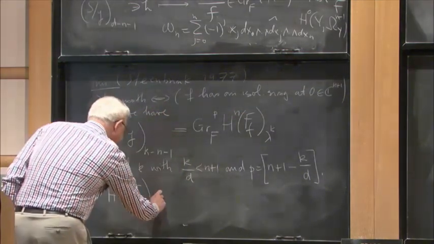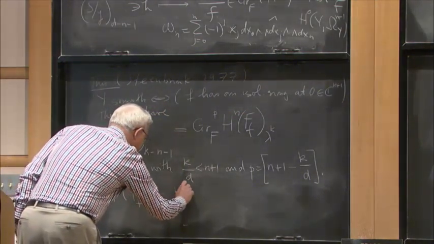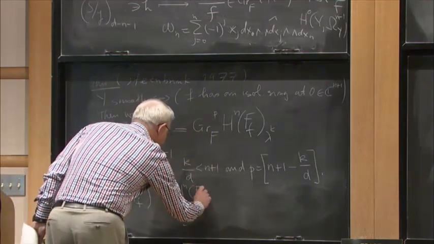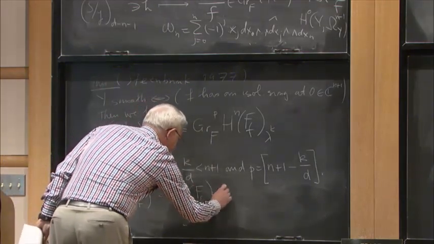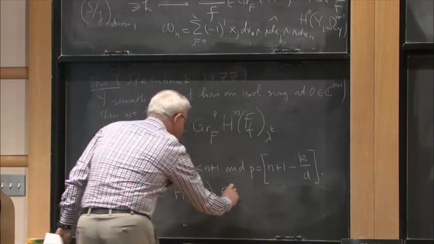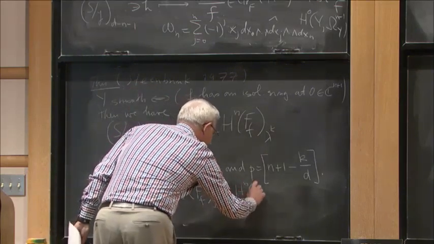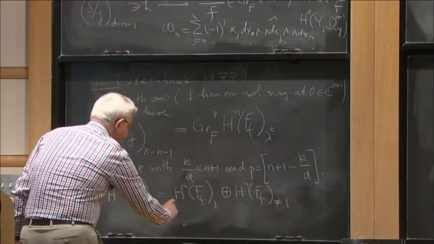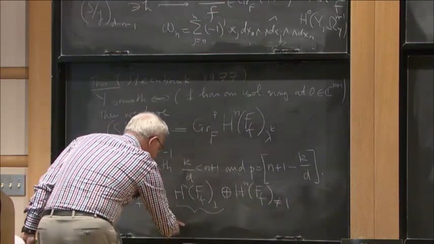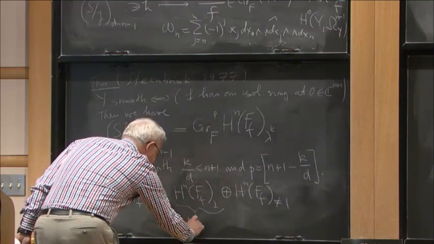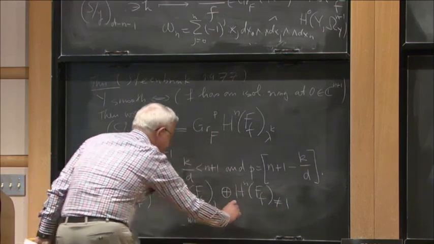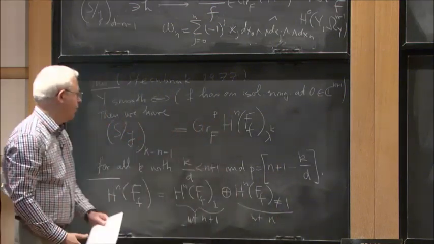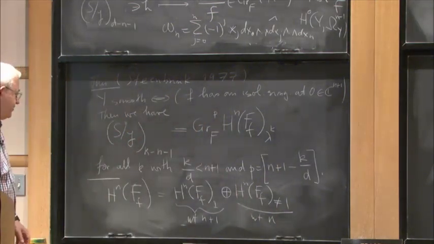And here, if we look at the mixed Hodge structure, we have a direct sum decomposition. This part will have weight n plus 1. This will have weight n. All this is part of Steenbrink's result.